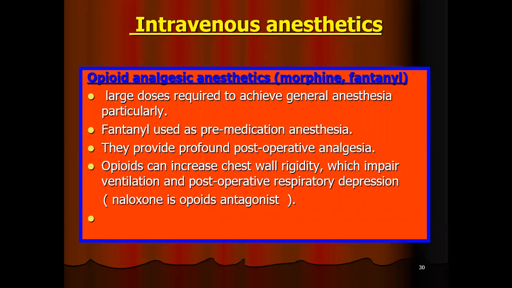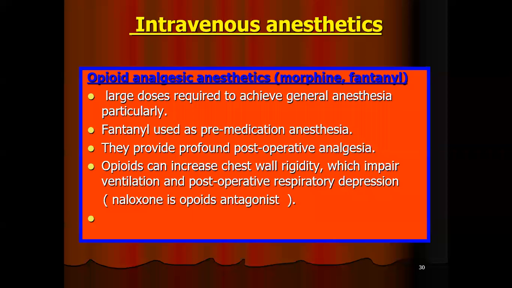Opioid analgesic anesthetics, they are morphine and fentanyl. The demerit is that large doses are required to achieve general anesthesia. Fentanyl is also used as pre-medication to reduce the pain during the procedure or after the procedure.